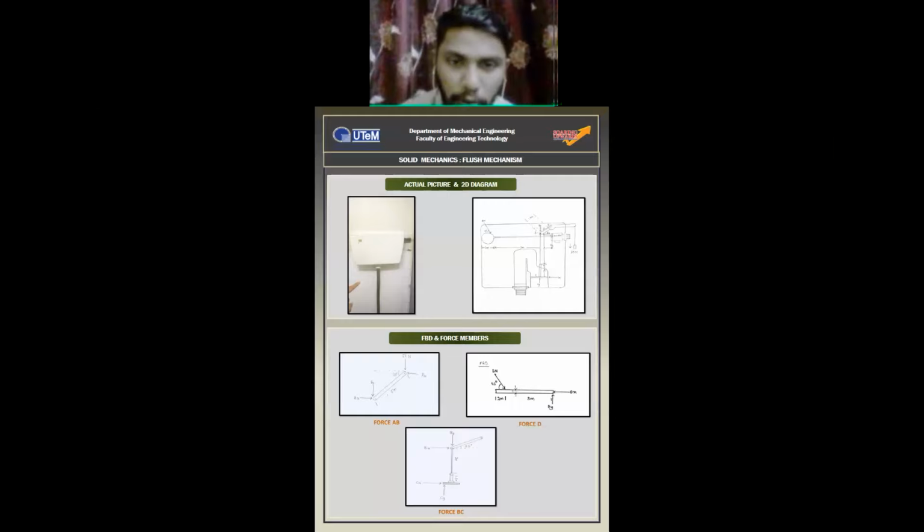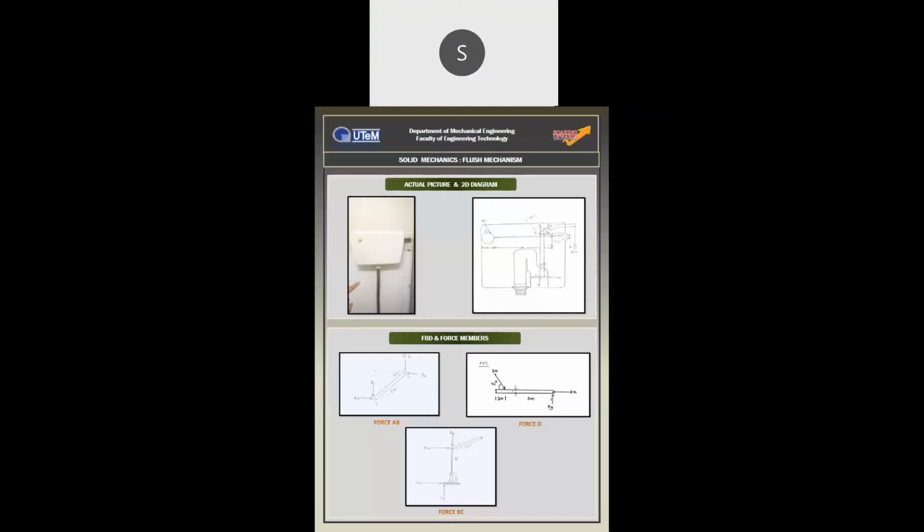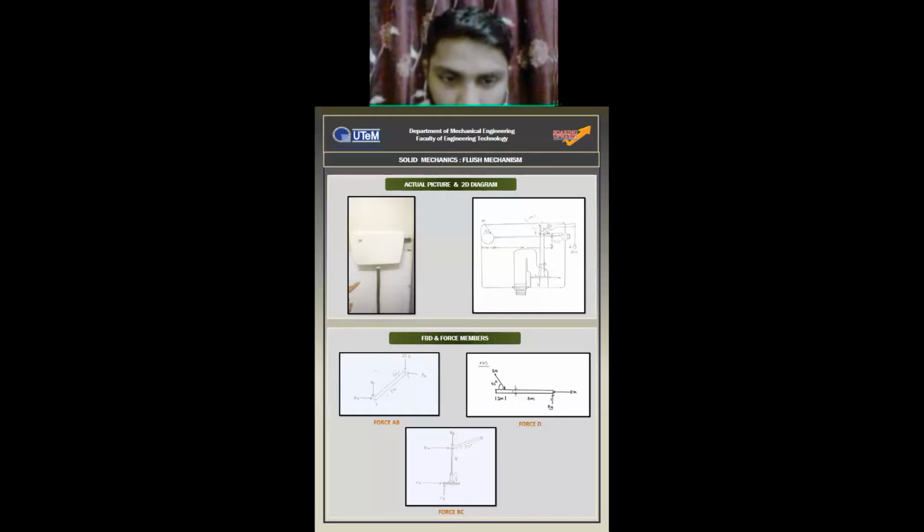Here you can see our free body diagram of our flush mechanism. The first picture is AB. There are four forces. First is 50 Newton. The length of the lever is 1.5 meter at a 30 degree angle.